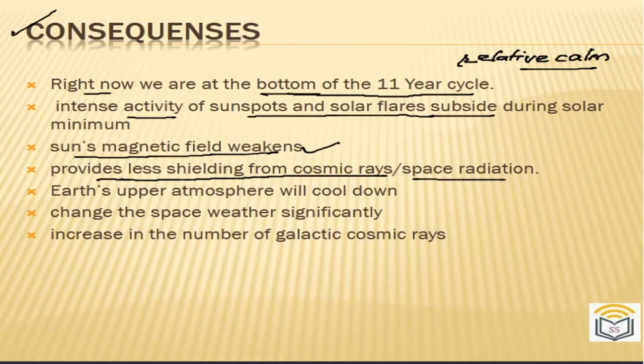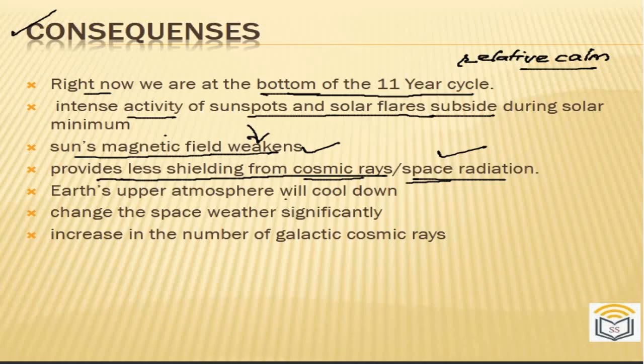In space there is huge radiation from many cosmic rays. As the sun's magnetic field is weakened in this period, the other cosmic rays will be very active throughout space, and provide less shielding to the various structures and the astronauts in space.